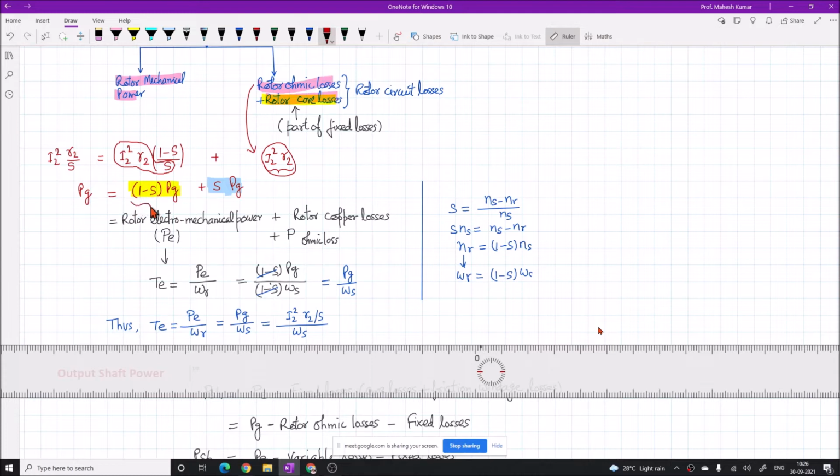Now this term (1 minus S) into Pg is referred to as the rotor electromechanical power, PE, or you can say PEM. If you want to make it more meaningful, you can call it PEM, rotor electromechanical power, plus rotor copper losses.